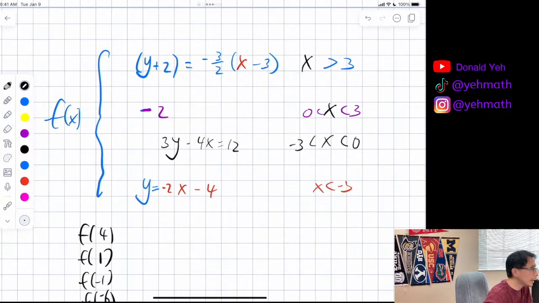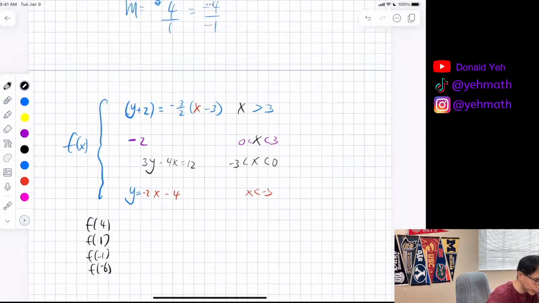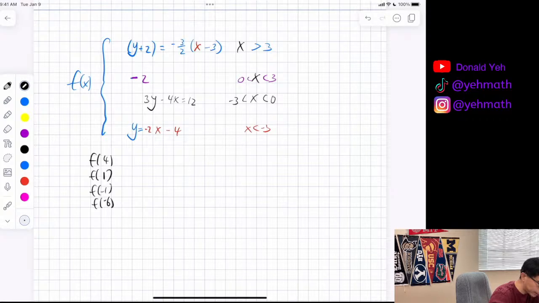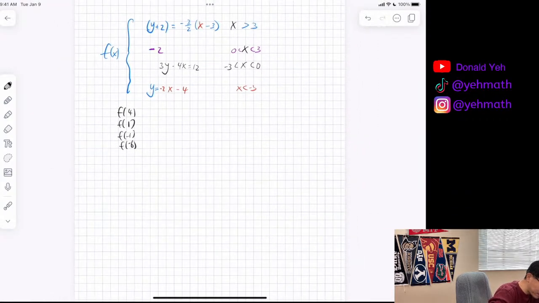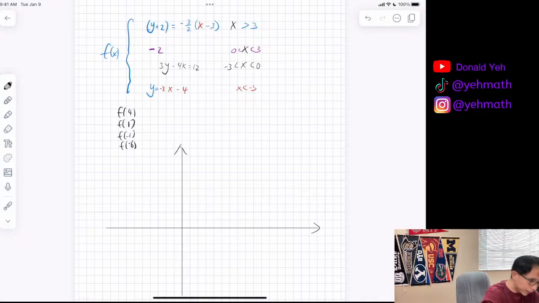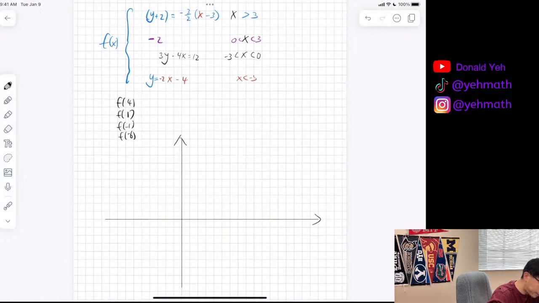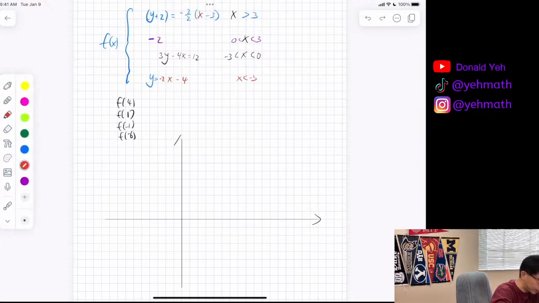Alright, quiet down. I need to finish this video for the Algebra 2 or for the pre-calc kids. Linear graph lists, but maybe some of you need to learn how to graph piecewise functions, so it may help you as well. So what I'm going to do is start with the blue graph. The blue graph is x greater than 3, so it'll be greater than 3 here.